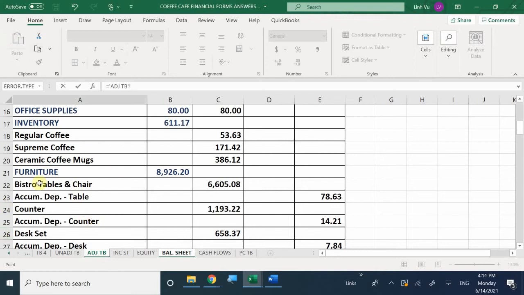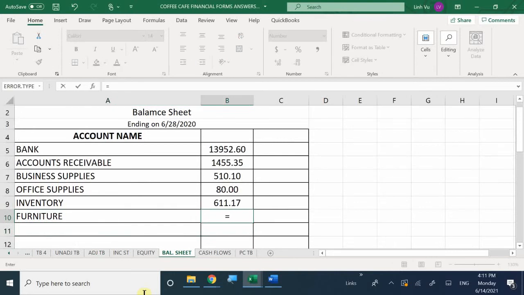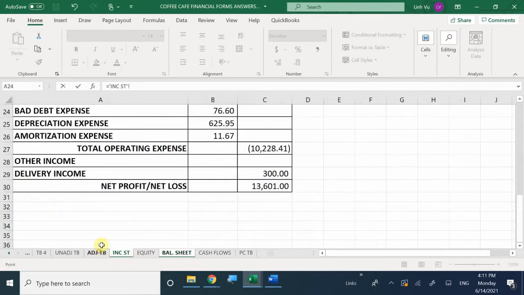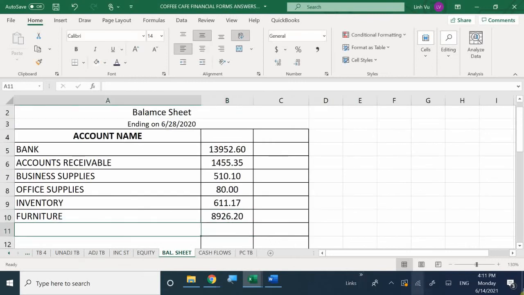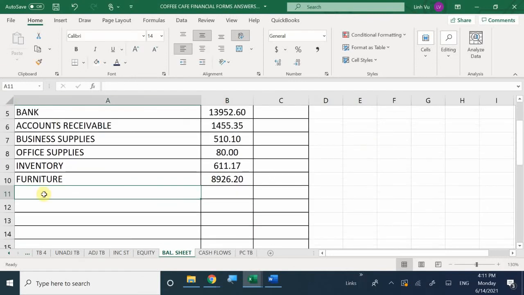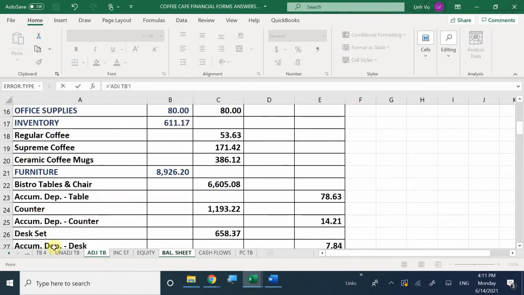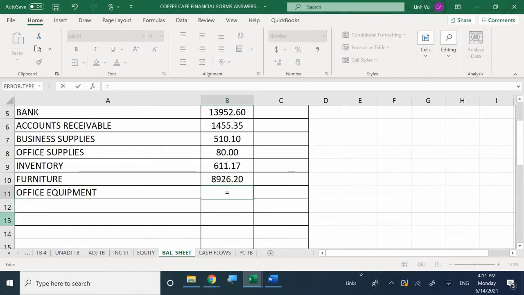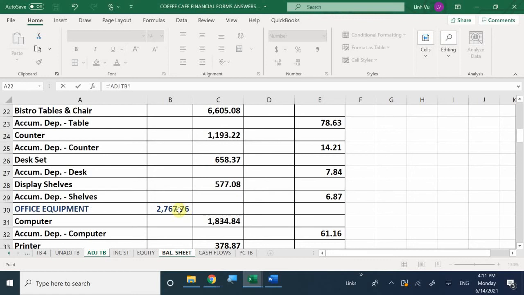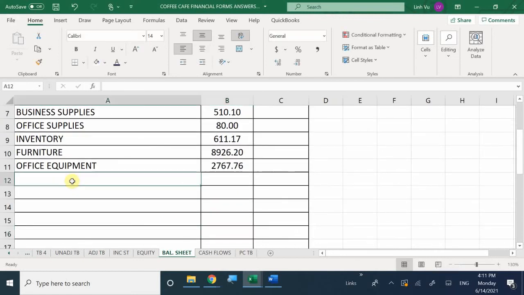Furniture for 89.26.20. Office equipment for 27.67.76. Equipment for 84.85.57.